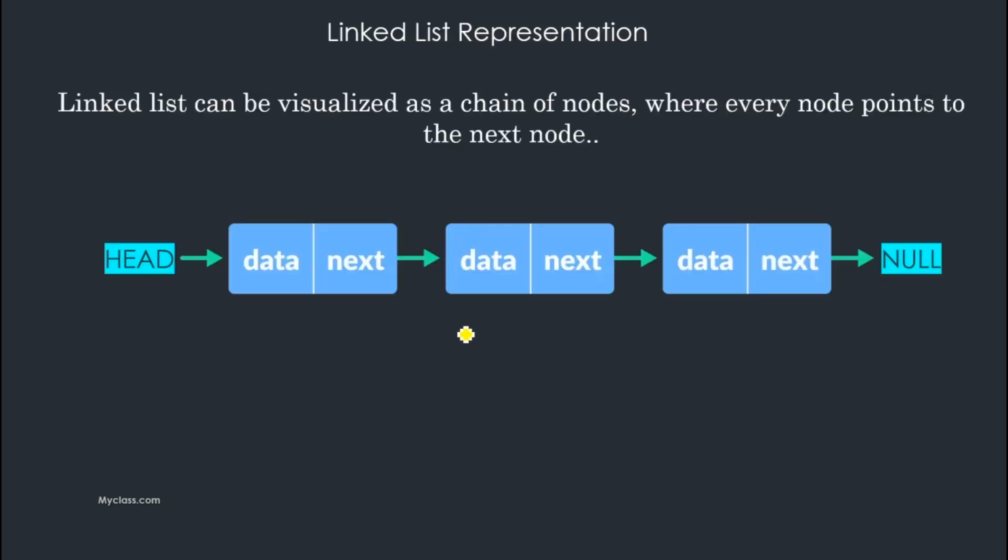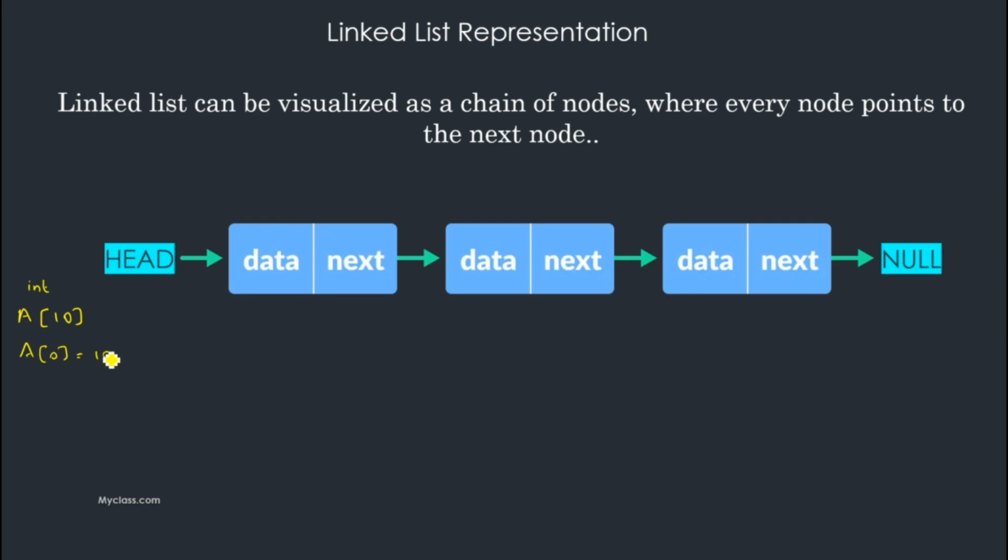Next, representation. A linked list can be visualized as a chain of nodes. We can visualize a linked list like this. Every node points to the next node. When we compare to an array, if A is an integer array, the first element A[0] is at the base address.